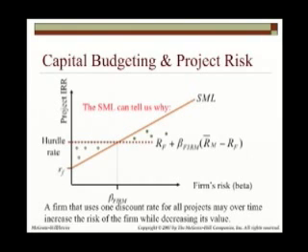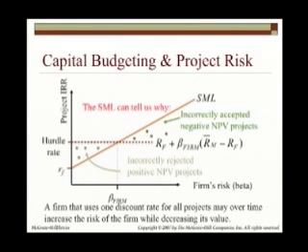And these projects up here, which we were going to accept, actually should be rejected because they don't give us a high enough return relative to their level of risk. So we would have incorrectly rejected positive net present value projects, and we would have incorrectly accepted negative net present value projects. We would have loaded up on high beta, negative net present value projects, and thrown out positive net present value, low beta projects. We would have increased risk, and we would have reduced net present value.